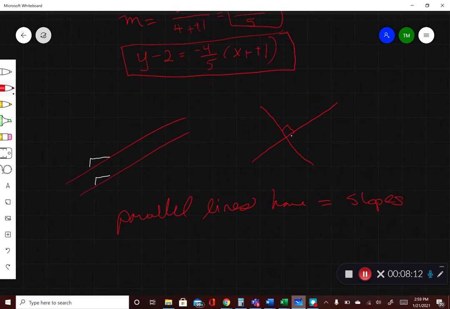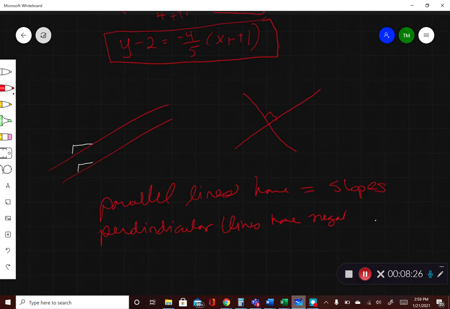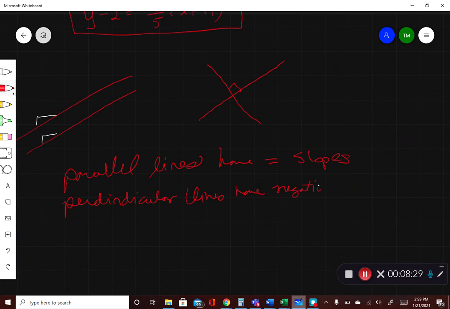And perpendicular lines have negative reciprocal slopes. So what it means by negative reciprocal is that they have opposite signs, and the reciprocal means that they are flipped.